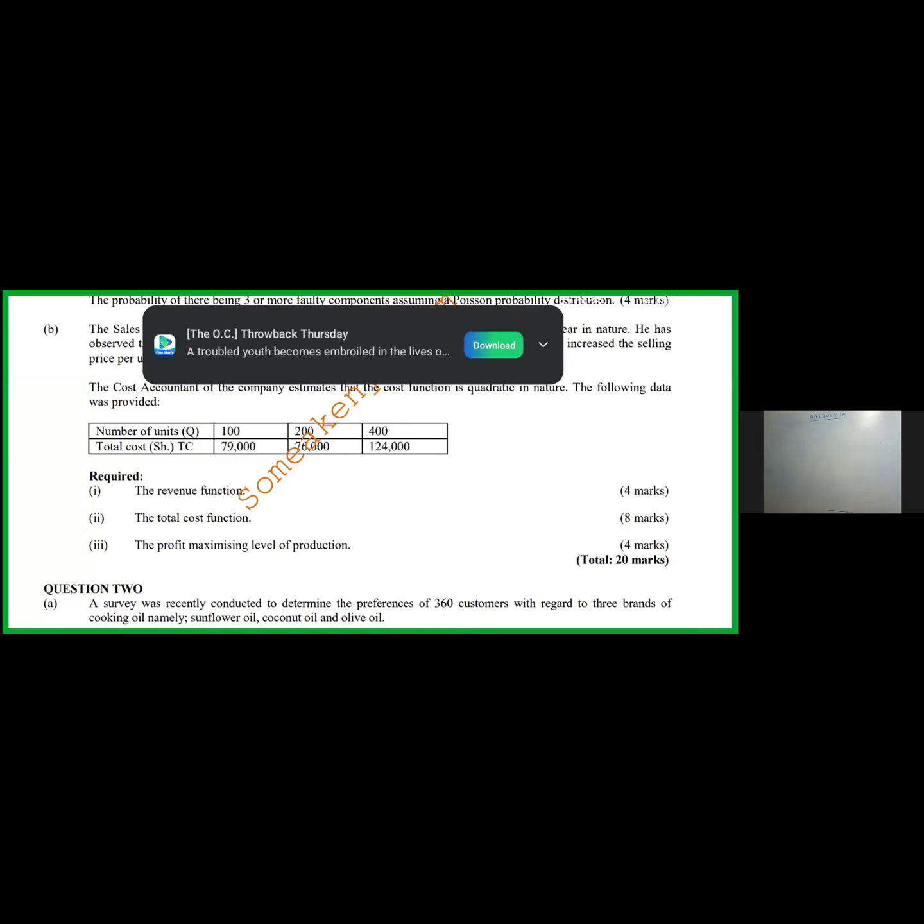When the company increases the selling price to 700, then the company sales will decrease to 1,000.